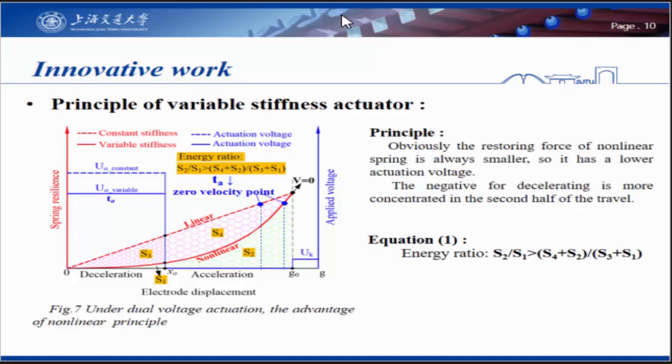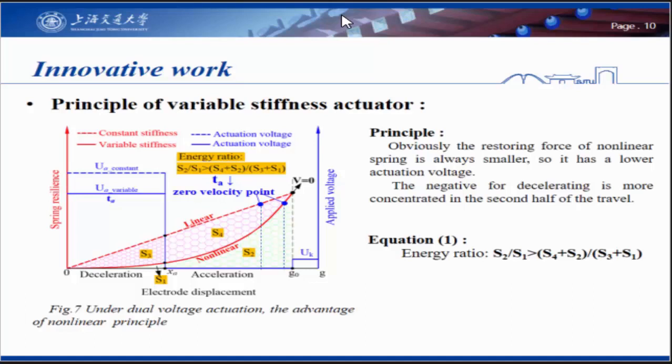This will improve the system's robustness. Let me take a simple example. Supposing that the voltage duration is slightly shortened.